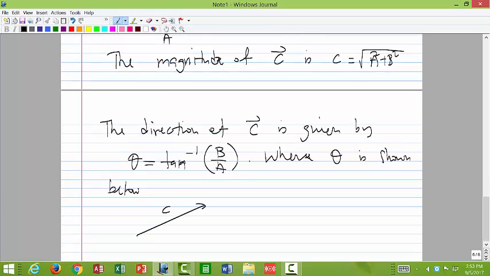So if this is C, that is A, and this is B, then the angle theta is the direction of the vector C. The direction of C is theta equals tangent inverse of B over A.